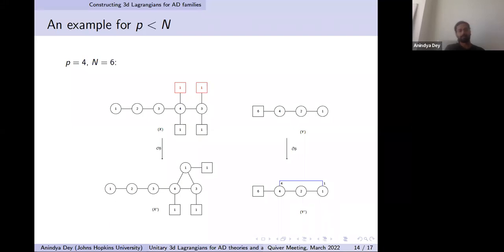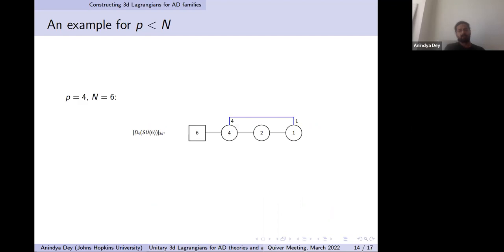Good? All right, so then that allows you to write down the 3D Lagrangian for D_4(SU(6)), which is just this. So this would therefore realize the 4D Higgs branch for the corresponding Argyres-Douglas theory.